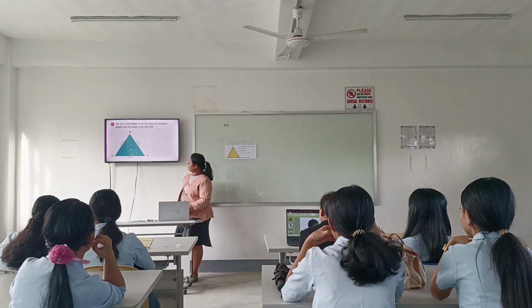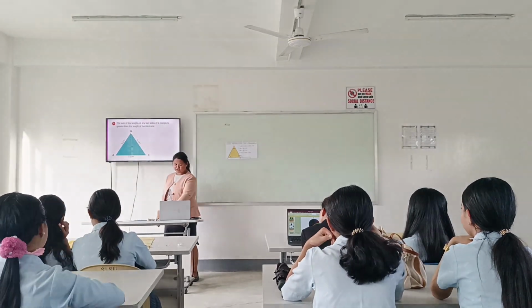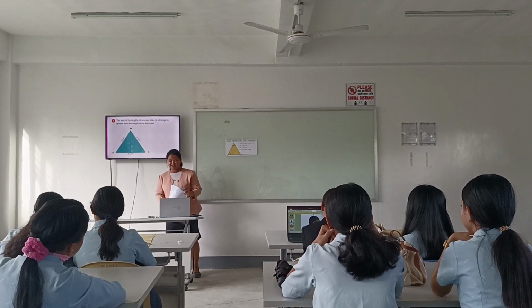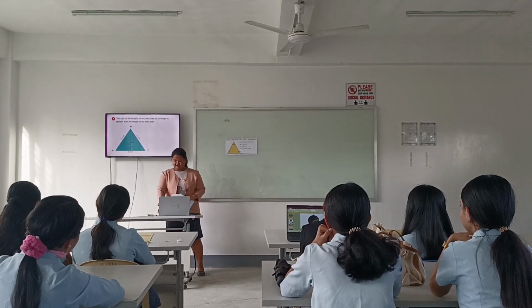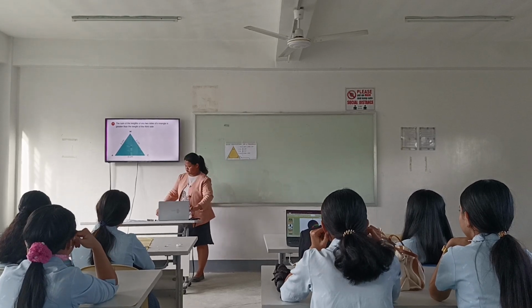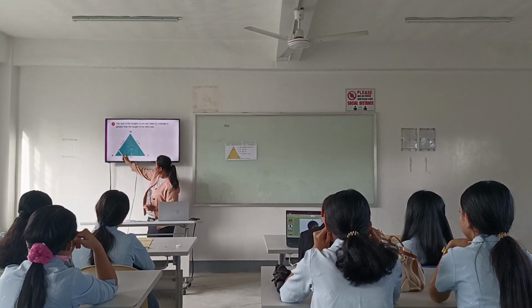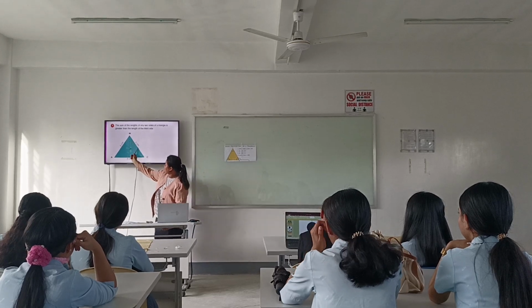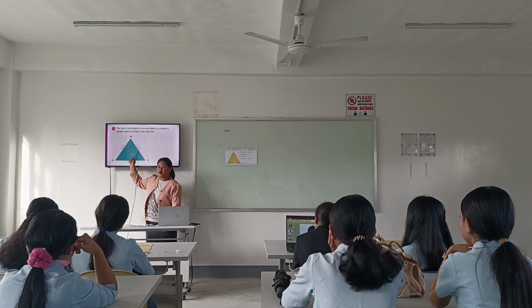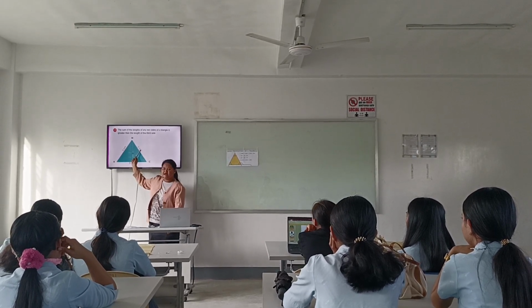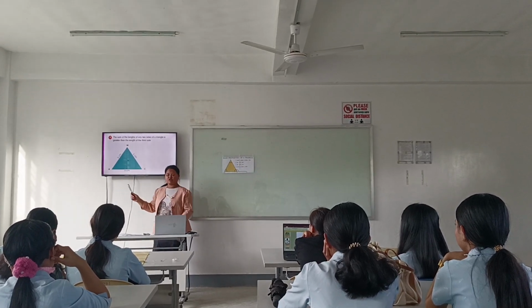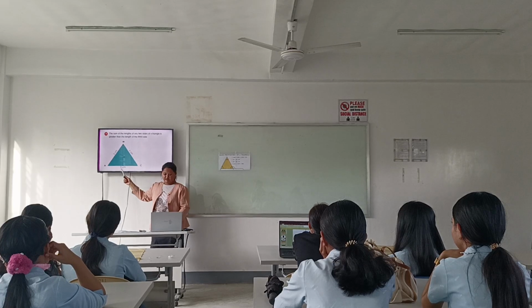Now let us move on to the second basic property of a triangle. The sum of the lengths of any two sides of a triangle is greater than the length of the third side. For example, in this triangle, the two sides are MA and the side MC, or the CM. If we add any of these two sides, the answer will be greater than the measure of its third side.